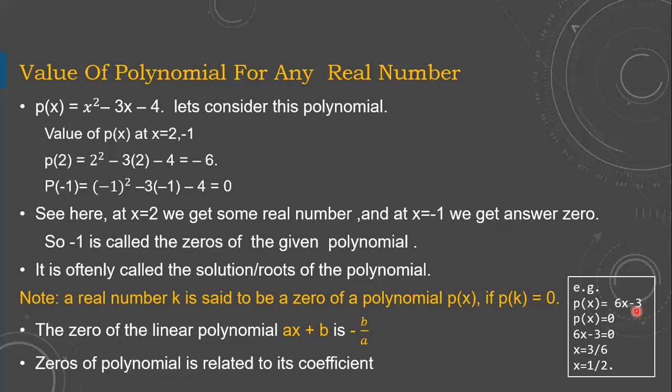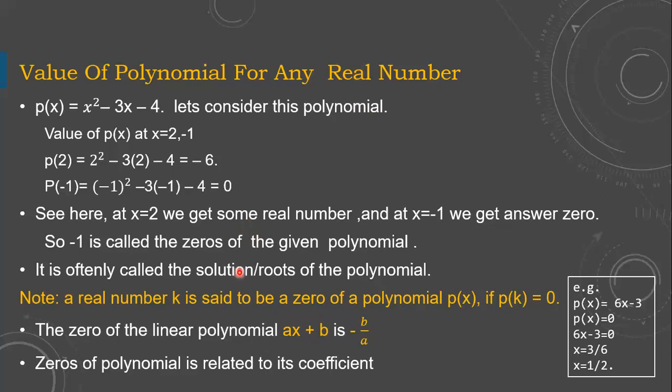We now equate this polynomial with 0. So p of x is equal to 0 means 6x minus 3 equals 0. If we change the side of minus 3, it becomes plus 3, and the 6 goes to the division. So here we get the answer 1 upon 2. It is nothing but minus b upon a, where b is the constant term and a is the coefficient of x.